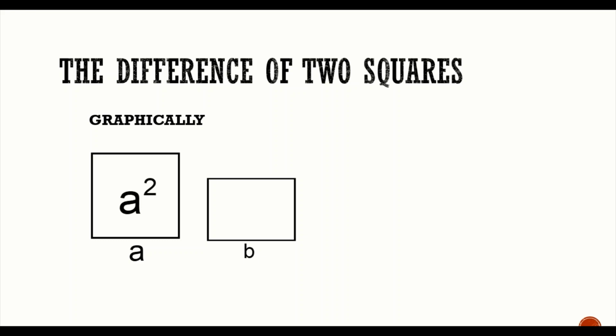Now, if you find the area of the bigger square, you'll have A squared, and the area of the smaller square will be B squared. As you can see, because the first square is bigger than the second square, there will be a difference, a gap, and that is represented by this red rectangle.